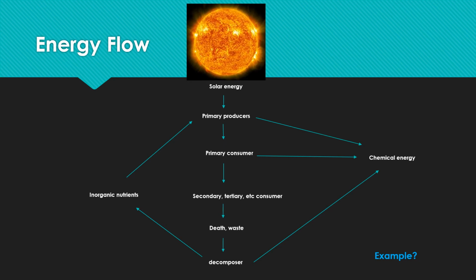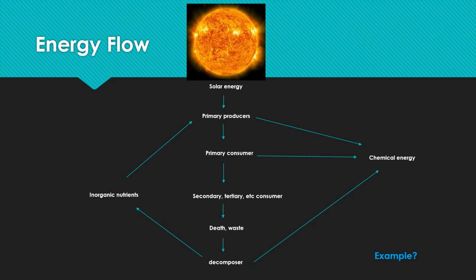It always starts with an abiotic factor, and I put solar energy, and it always, hear me, it always must end at a decomposer. Because it's a chain, it's a circle. Think about it. You start with a producer.